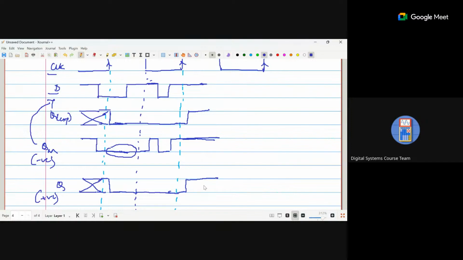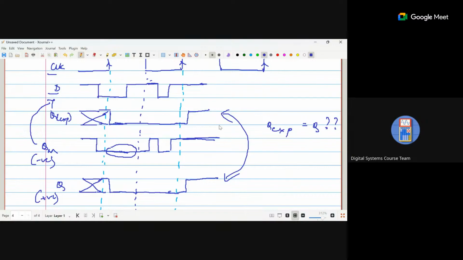So now is your Q as expected, same as QM? It is the same, right? You got the same output here. So this way you'll be able to construct a master slave D flip flop which is positively triggered.